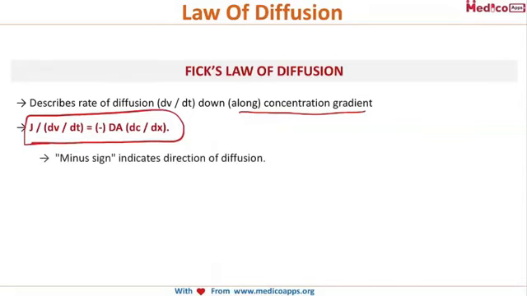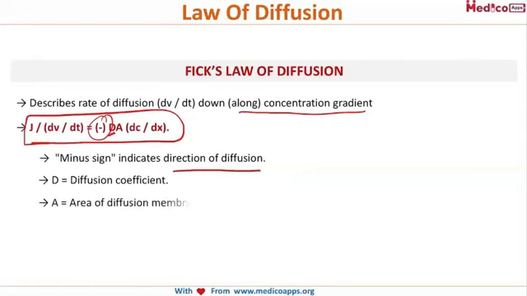Here the minus sign indicates the direction of diffusion, okay, and D, capital D, is the diffusion coefficient, A is the area of diffusion membrane, and dC by dx is the concentration gradient, okay. This is the rate of diffusion.